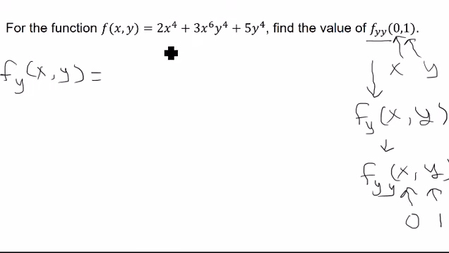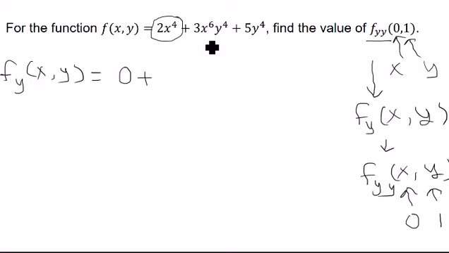So if there is a term containing numbers and only x, that entire term is considered a constant, and the derivative of a constant is 0. So that first term turns into a 0, plus the second term is a mixture of x and y, so that x here is going to act as a coefficient.